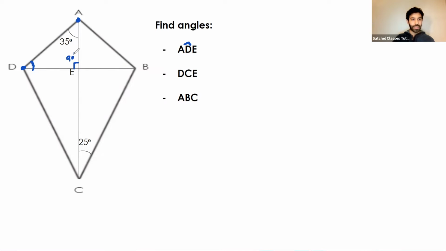Now, using the angle facts that we know, the sum of the interior angles of a triangle is equal to 180. Therefore, 35 plus 90 plus this angle over here should give us 180. So let's call this angle X. 35 plus 90 plus X will be equal to 180 degrees. Therefore, 35 plus 90 is 125, plus X is equal to 180.